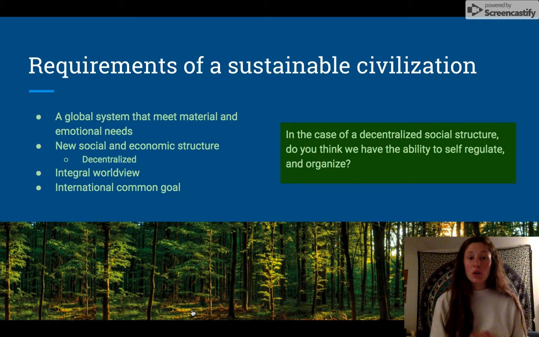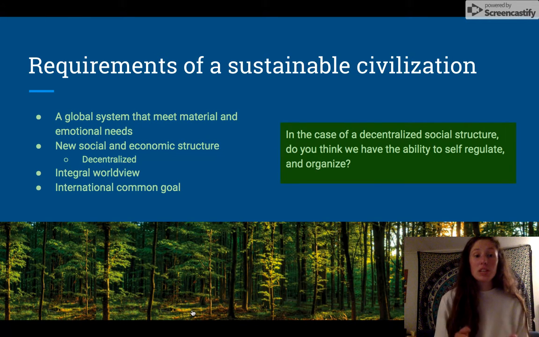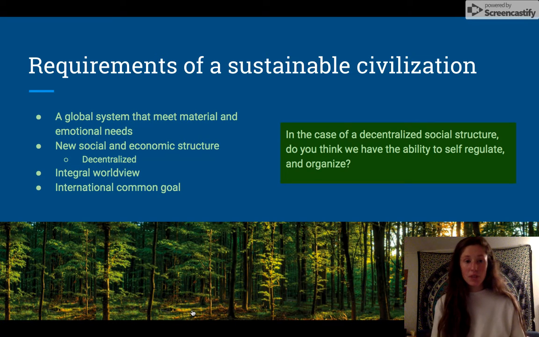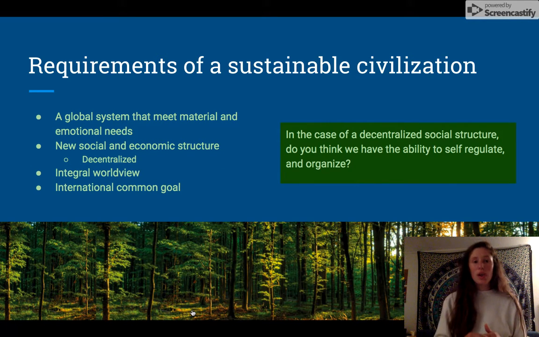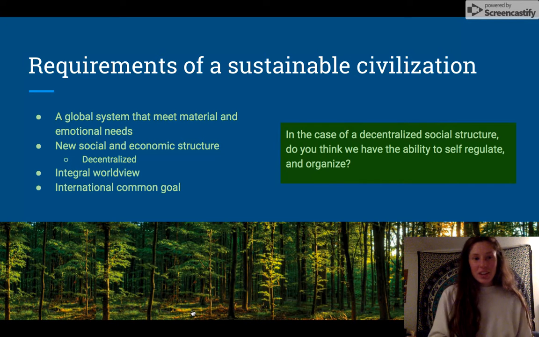Next, we're going to discuss the requirements of a sustainable civilization. One of the largest things that needs to happen is the global system needs to meet the material and emotional needs of people. And this ties in with the qualitative, quantitative problem we're having. People have needs, and right now where our needs are focused are not quite right.